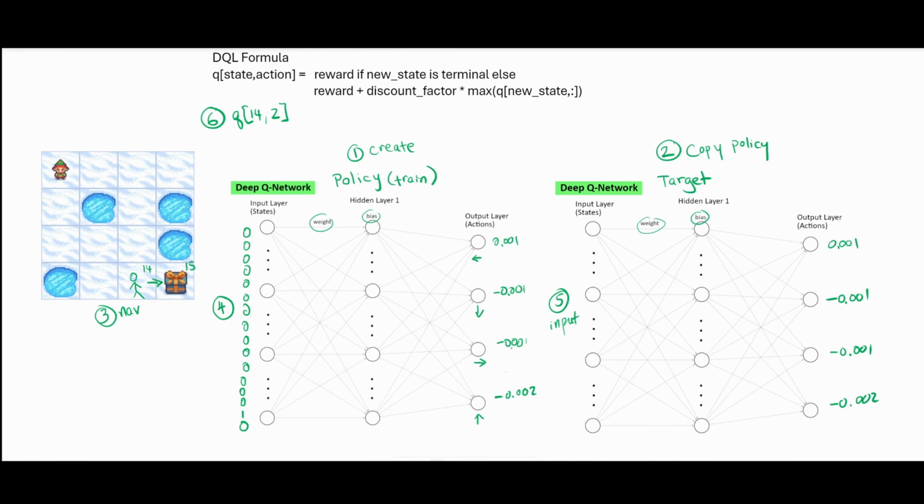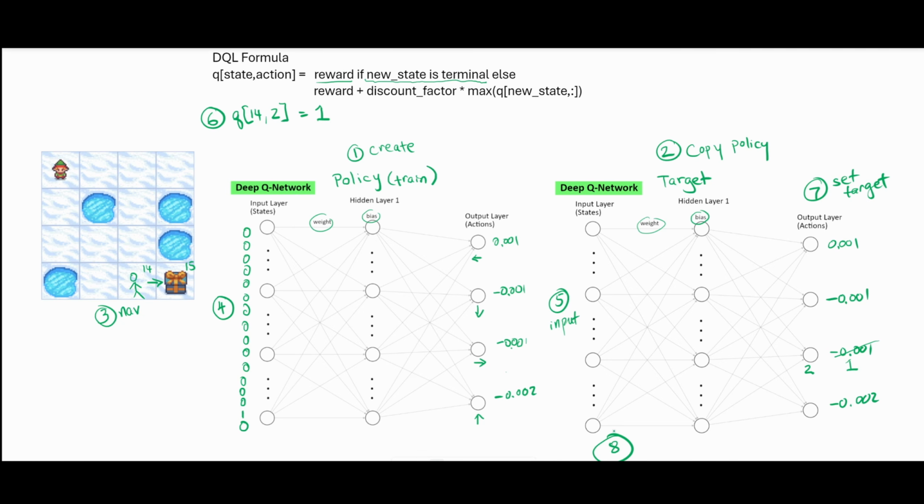We're taking the action of 2 is equal to, since we're going into state 15, it is a terminal state, we set it equal to 1. Step 7 is to set the target. Input state 14, output action 2 is this node. We take the value that we calculated up on step 6 and we replace the Q value in the output.